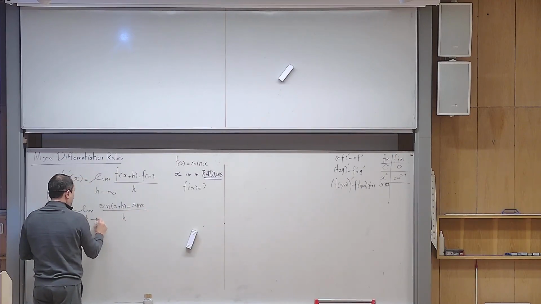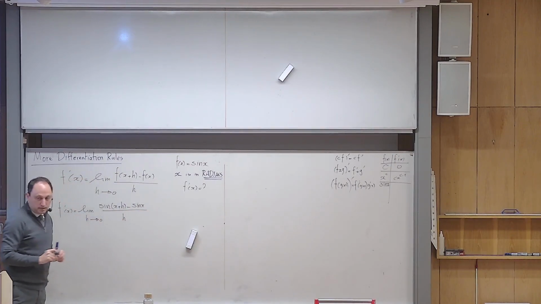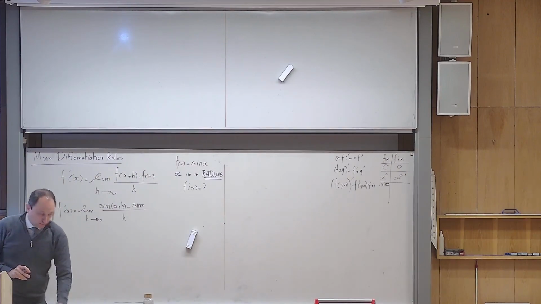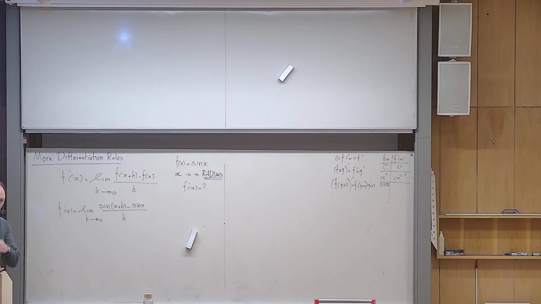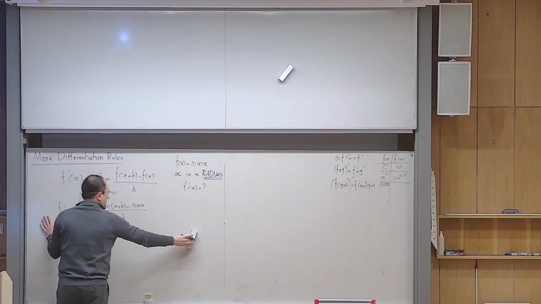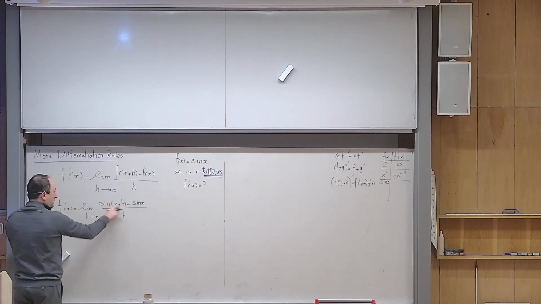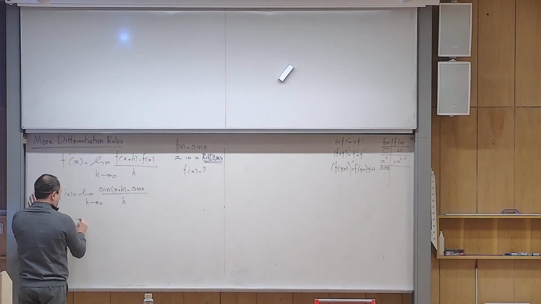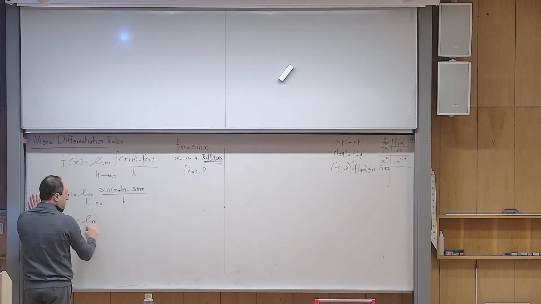As h goes to 0. Of course, calculating this limit is beyond the level of your lesson. I will follow exactly what is written in the book, okay? The first part, of course, is easy. I use the addition formula here. I have it in my memory, so I use it.